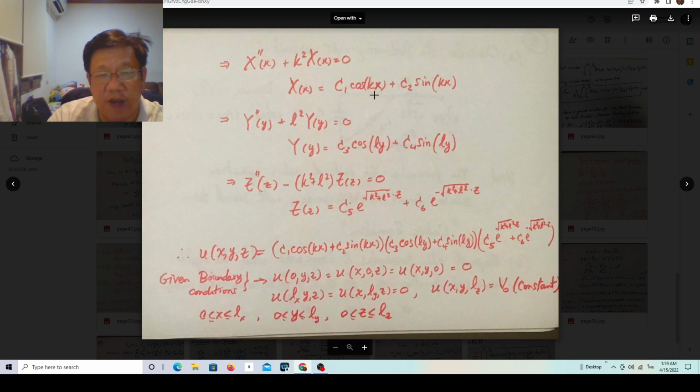Since the real part is equal to 0, you get a complex conjugate root for the auxiliary equation. This is the general form of x. And l squared, same. But c, since this is a positive value, you get a real root here. You get plus or minus square root. So this is the general formula.